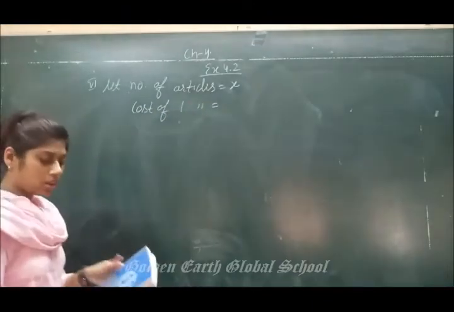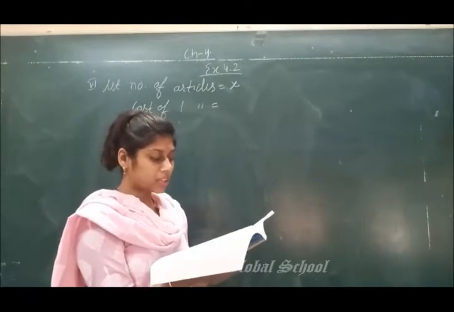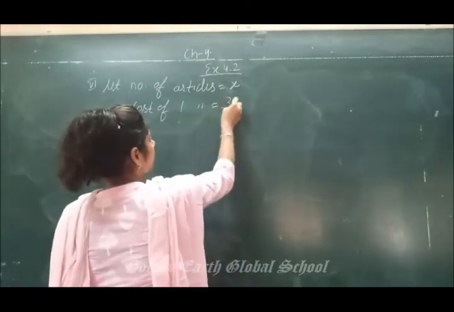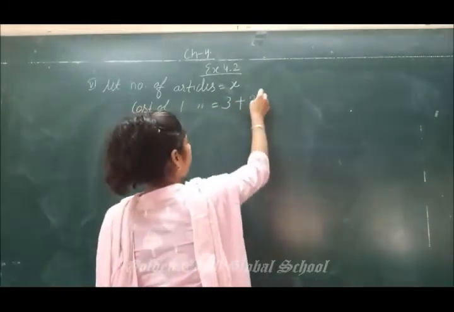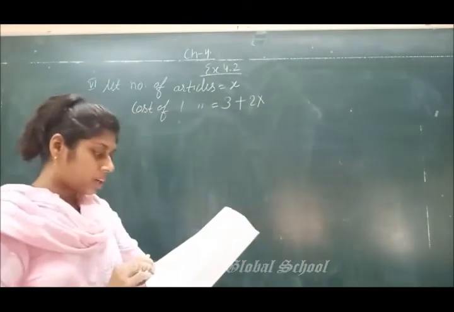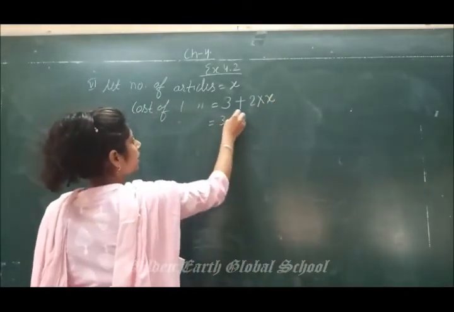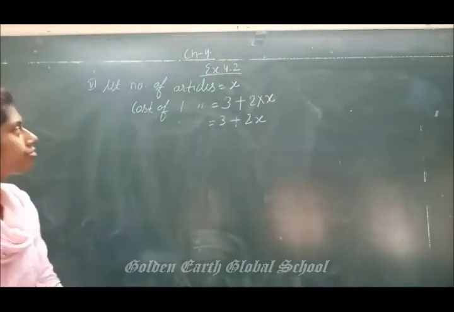Again I am reading the second line. The cost of production of each article was 3 plus twice, 2 multiplied by the number of articles, that is x. So the cost is 3 plus 2x. It is the cost of one article.